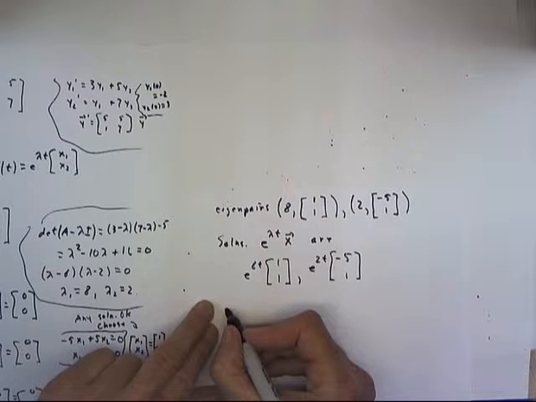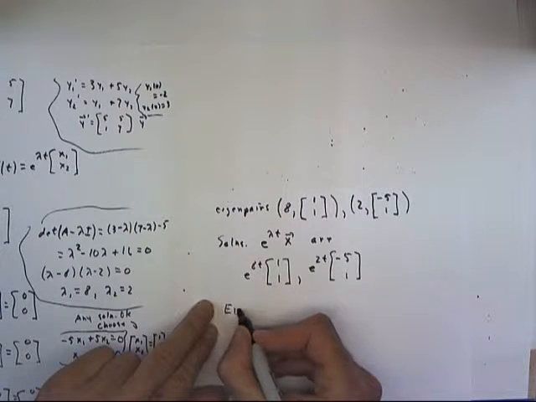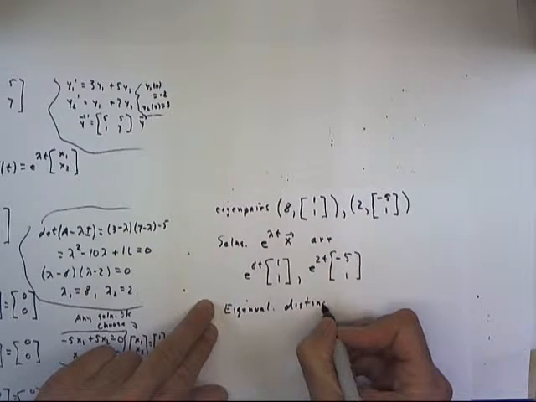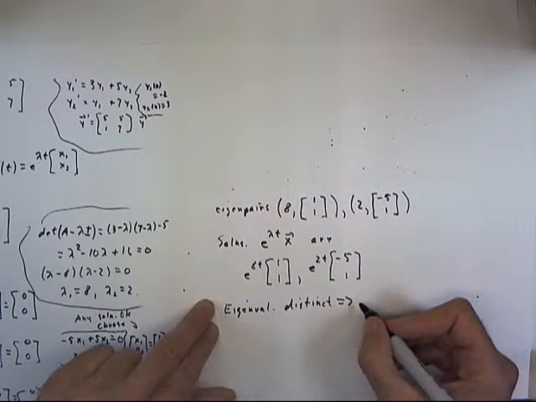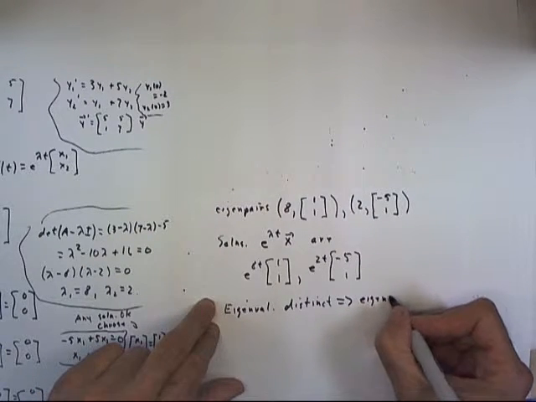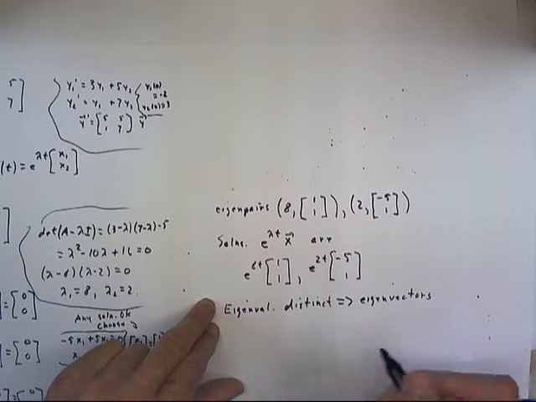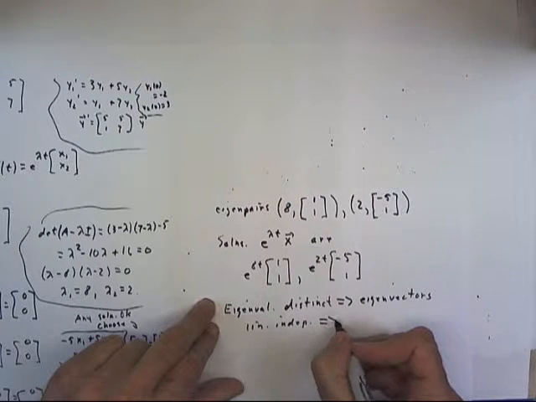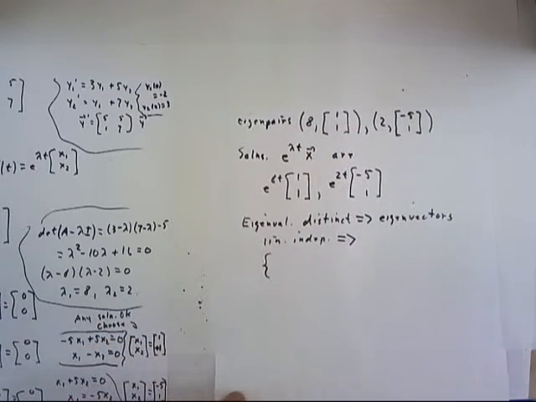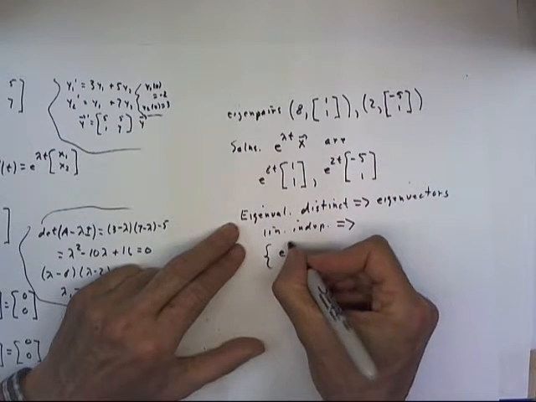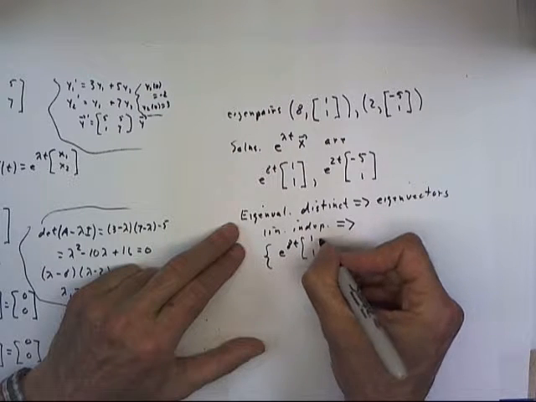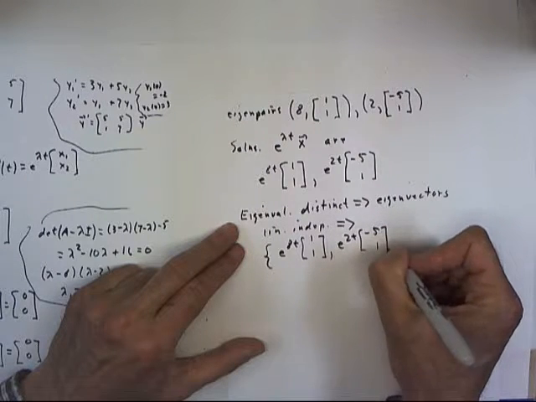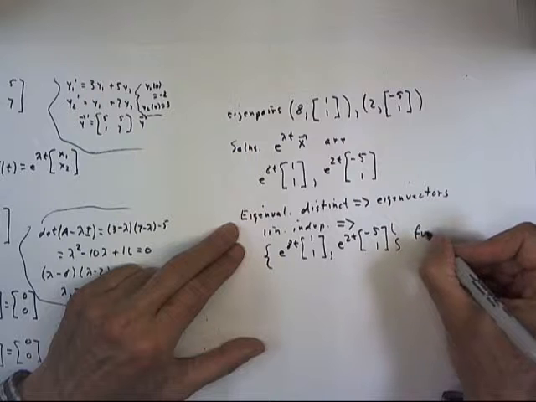The eigenvalues are distinct, which implies the eigenvectors are linearly independent, which implies that the solution set e to the 8t multiplied by 1, 1, e to the 2t multiplied by negative 5, 1 is a fundamental set.